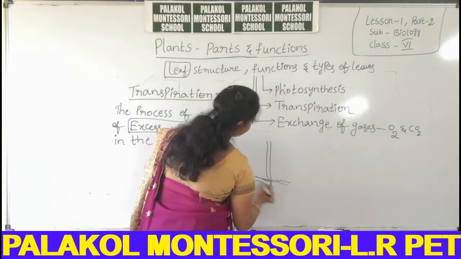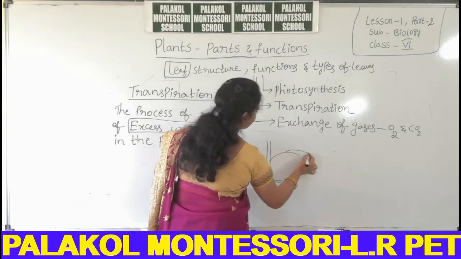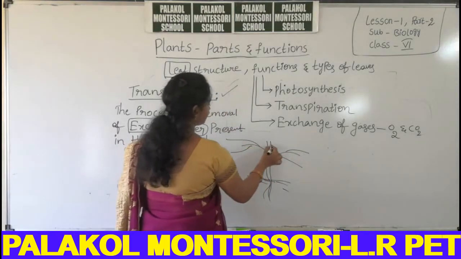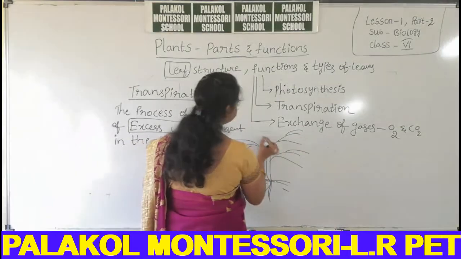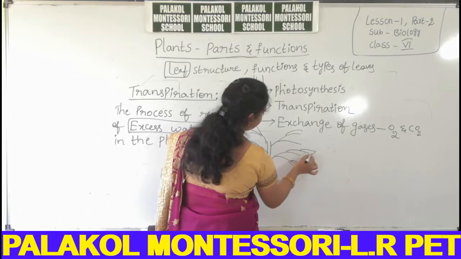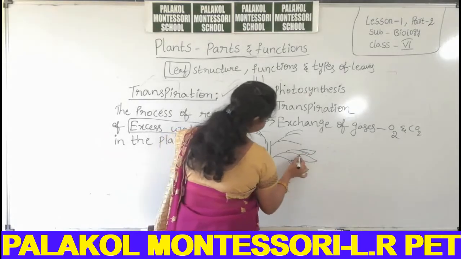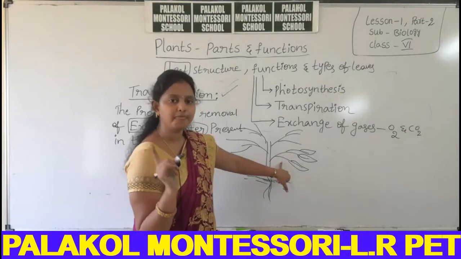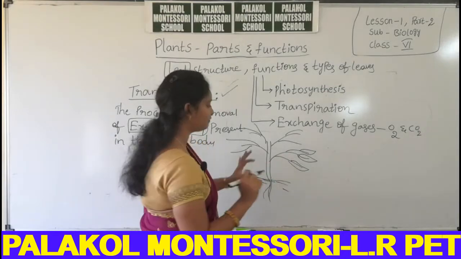This is the soil, these are the branches, and from the branches, leaves are present. Now you have to select a branch of the plant.